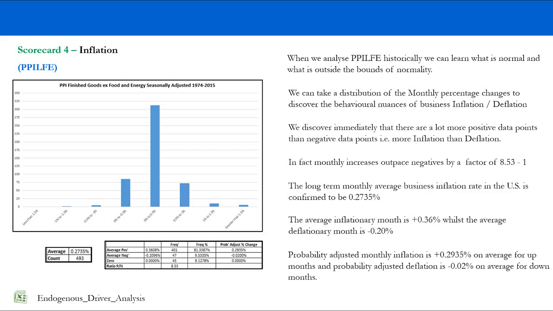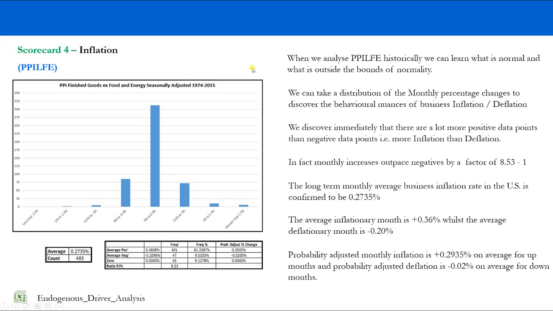Again, we discover immediately when we do this that there's a lot more positive data points than negative data points. So a lot more inflation than deflation. So everything to the right of here. So 0 to 0.5, 0.5% to 1%, 1 to 1.5%, and greater than 1.5%. So everything to the right hand side.